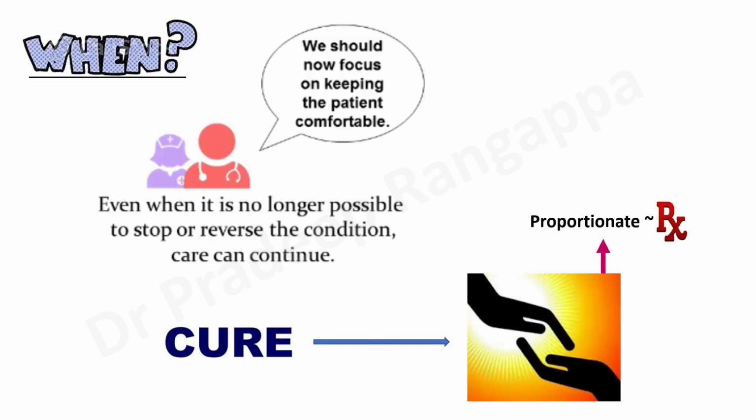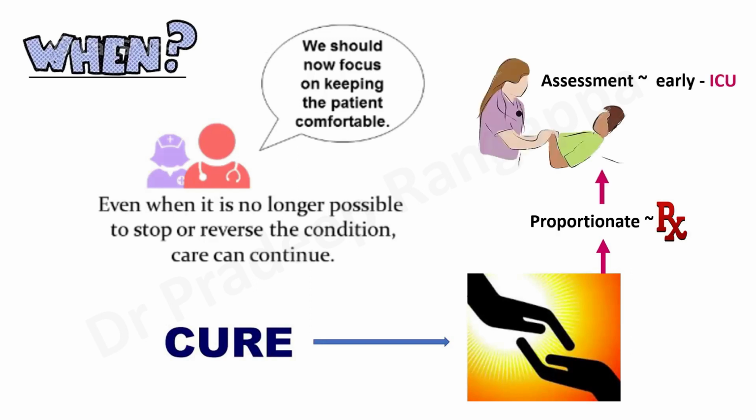And during this comfort care, there may be certain treatment modalities that you would be adopting, which are proportionate to the symptoms that the patient may have, and you would not take inappropriate measures. And this is the stage where patients should be assessed early on in ICU for adopting the principles of palliative care.